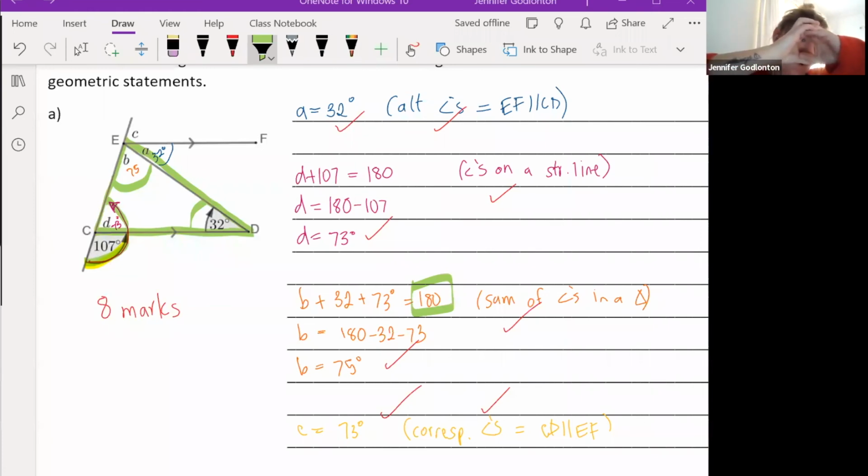Big fat 0. Oh. I know. Okay, thank you, ma'am. It's very sad, but it is true. Half of the battle with geometry, guys, is making sure your reasons are correct. That's why we want to get this all in the right way. Do you see how nice and neat it is? It's easy to mark. It's easy to read.